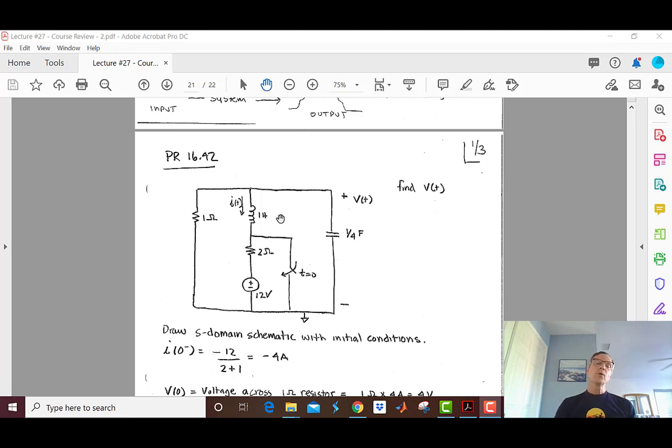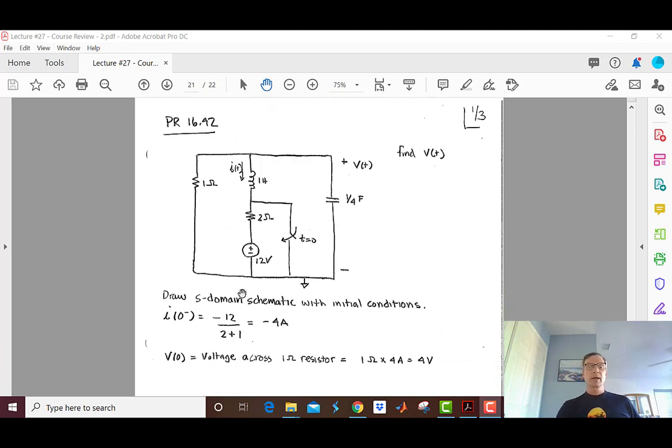So now we're cool with this circuit. We know what it's doing. So we want to draw an S-domain schematic with the initial conditions. Typical thing for an exam or a homework problem: redraw the circuit in the frequency domain and make sure you represent those initial conditions.